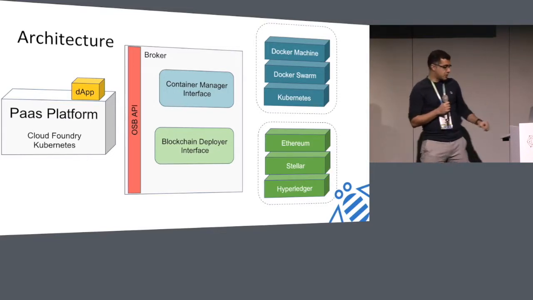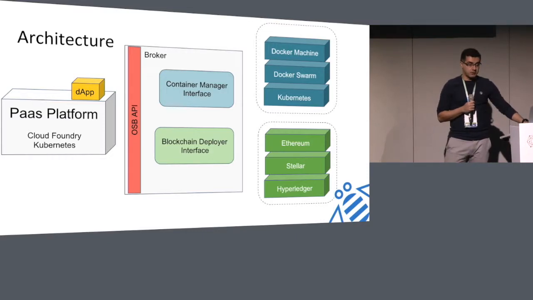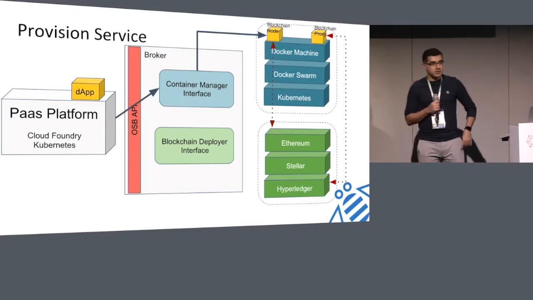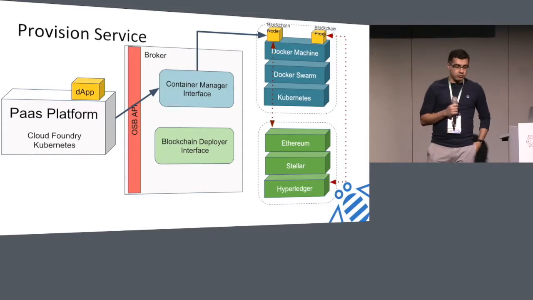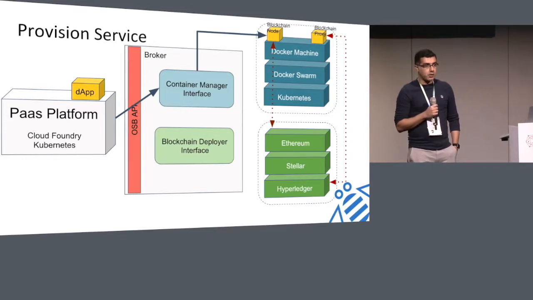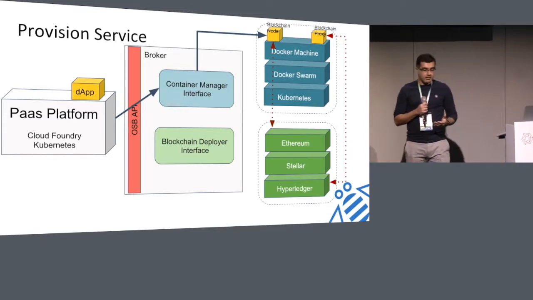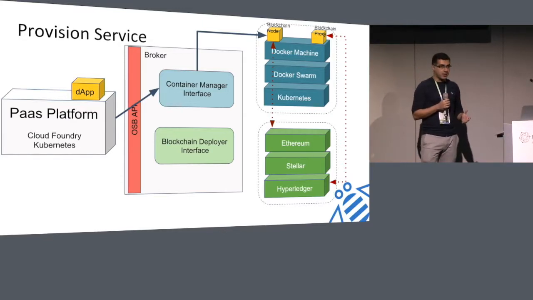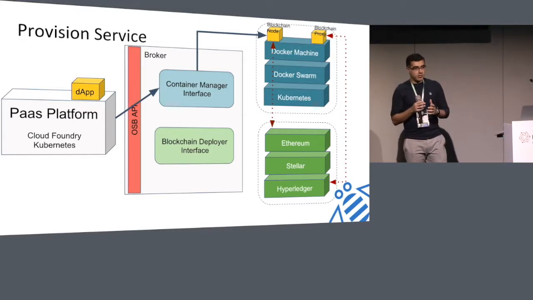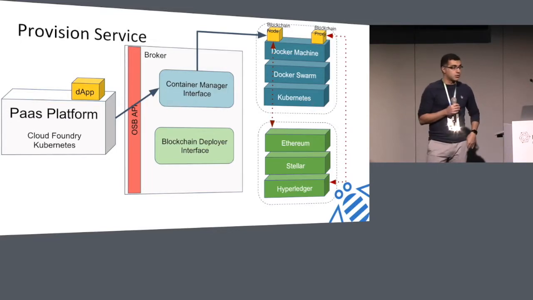Let's see what happens when you try to provision a service with the broker. When the provision happens, the platform sends a request to the broker to bring up access to the blockchain network. Now the broker, with its container manager, looks into the type of network that your application wants to connect to.